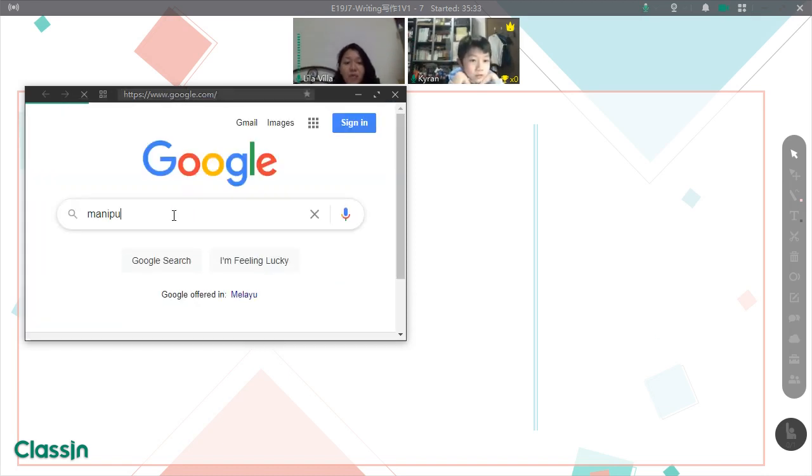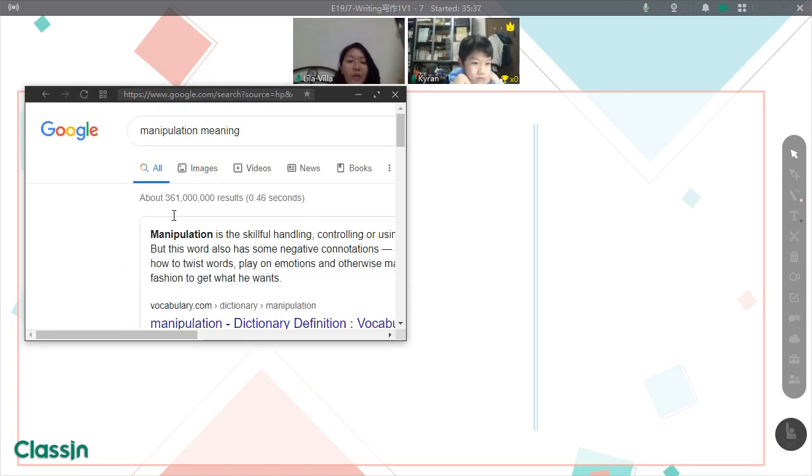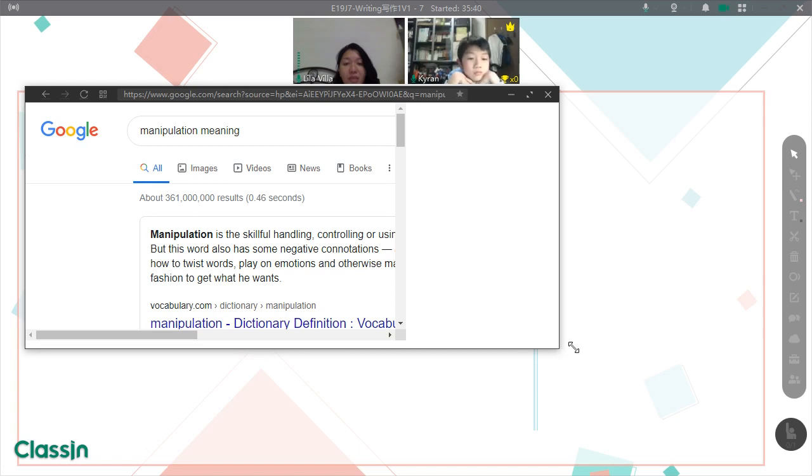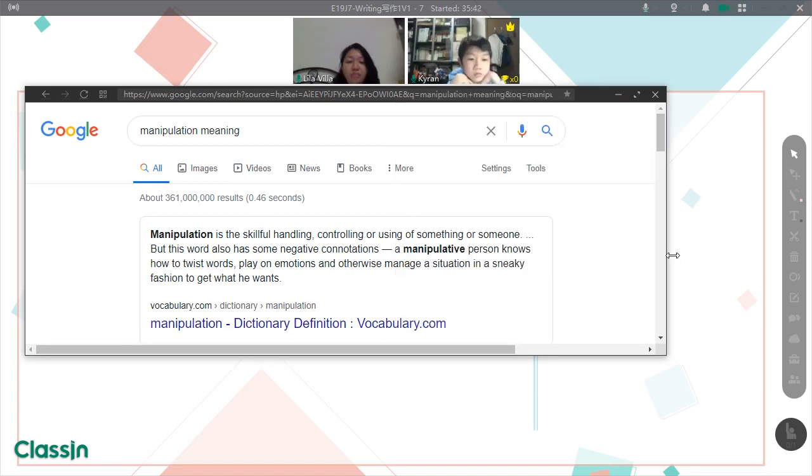Okay, manipulation meaning. Here, read this. Do you see it?